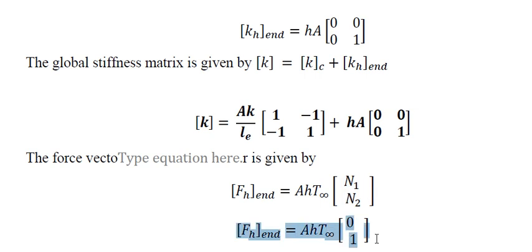So the force vector for end convection is given as A H T infinity [0 1]. 1 is written here since the right end is having convection, or it will be 1 0 if the left end is having convection. So it is having only degrees of freedom 1 and 2 because we are taking only one element.